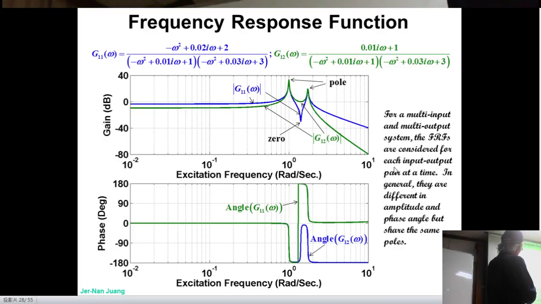So we have pole here, and zero here, and doesn't matter what the whole system, regardless from which input to which output, they all share the same denominator. They have to. But their numerator will be different. All right? Any questions?